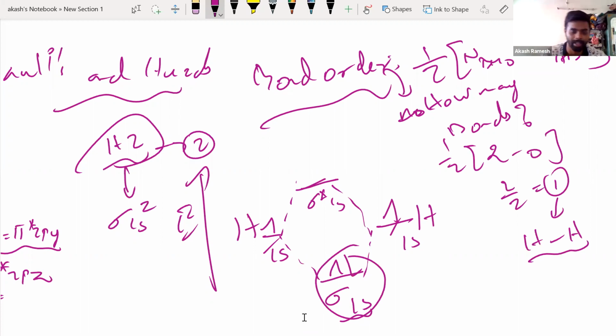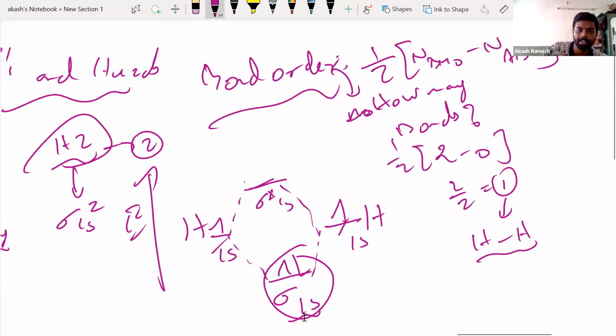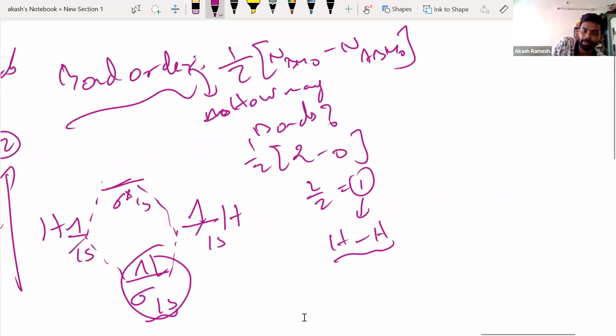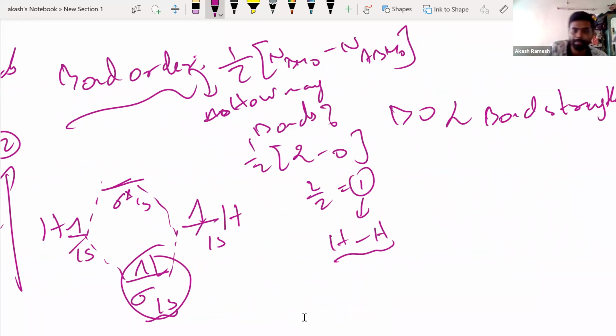Very simple. Right. Now, what other things does my bond order tell me? Bond order is directly proportional to the bond strength. And obviously, it is directly proportional to stability, because the more the strength of the bond, the more the stability of the molecule.